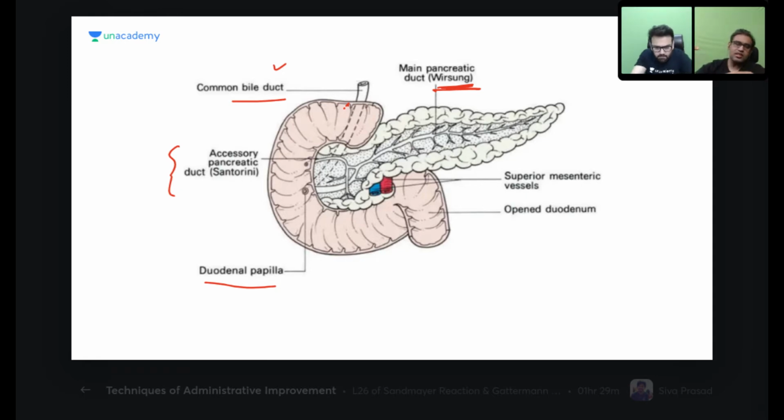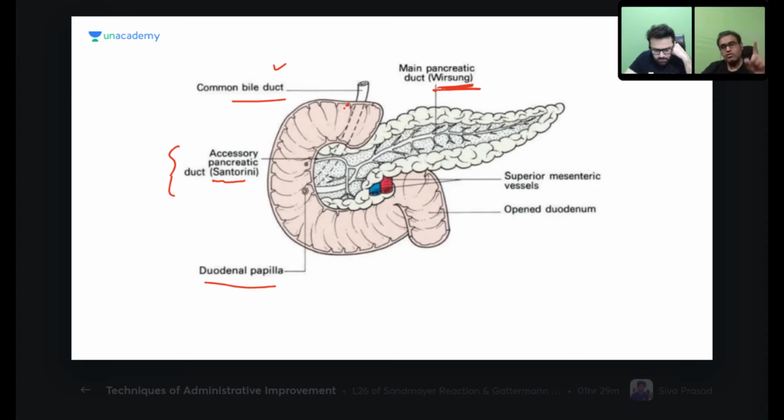So the duct of the dorsal bud will open at the minor duodenal papilla, where the Santorini opens. This Santorini opening is small, but it is draining a major chunk of the pancreas, the major secretions of the pancreas. The duodenum developed fine, but the opening is small.